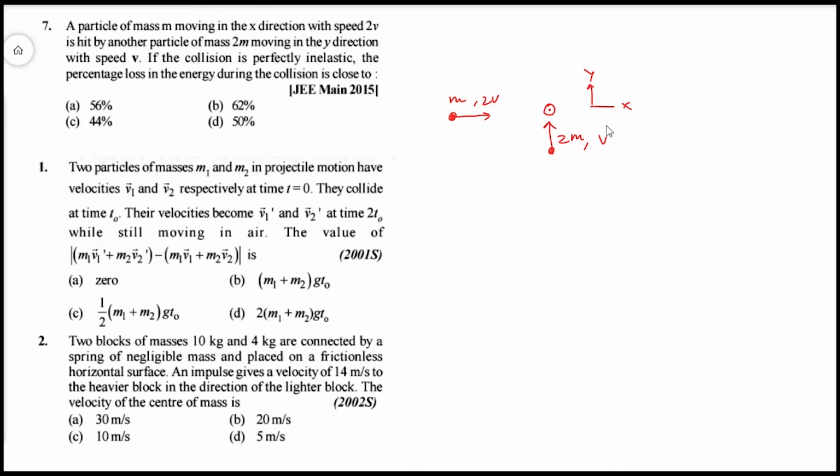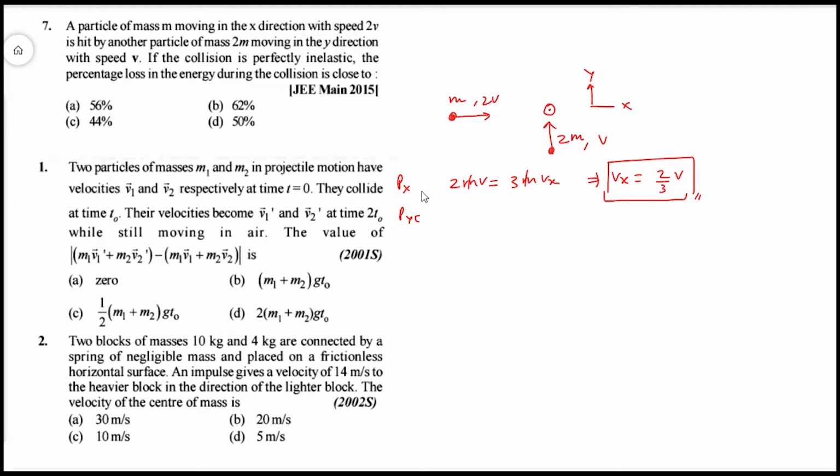The momentum conservation in x direction is going to give you 2mv is equal to 2m plus m, that is 3m, and suppose vx. Okay, so that vx is going to be 2 by 3 v. So the combined mass is going to move in the x direction with a speed of 2 by 3 v. So this was the px conservation.